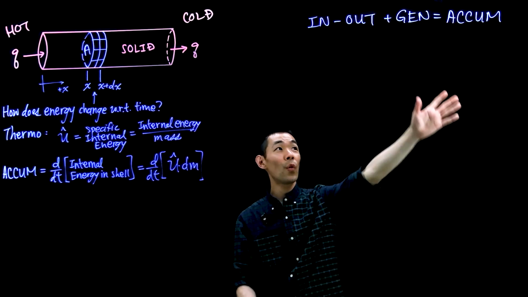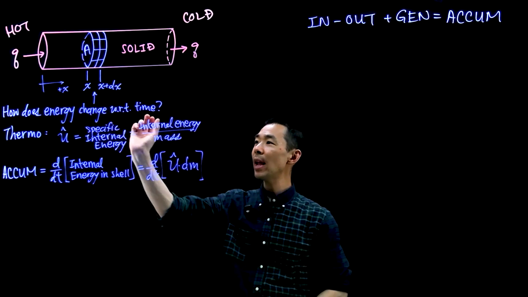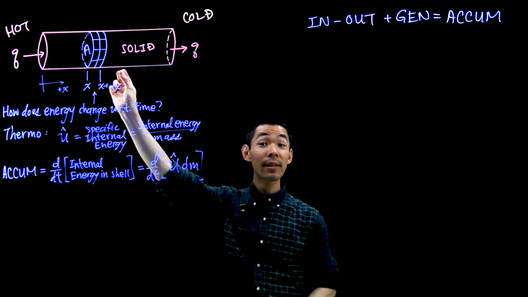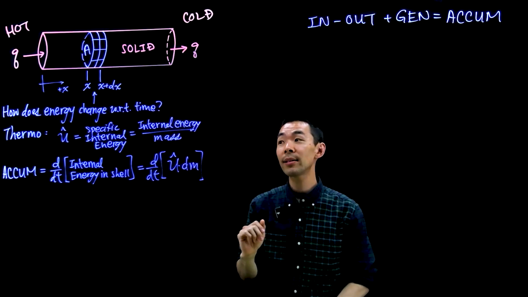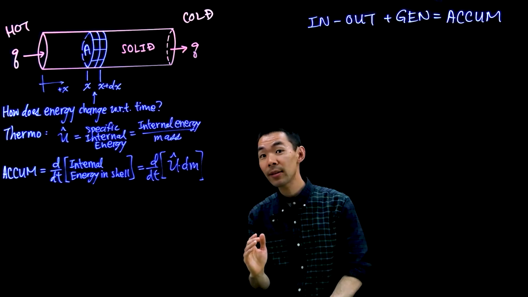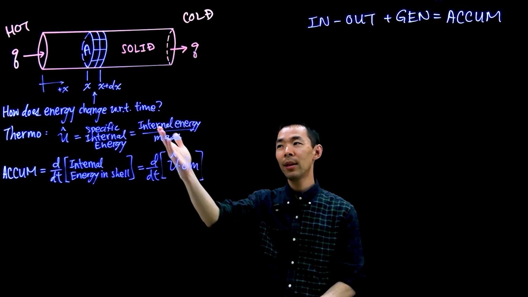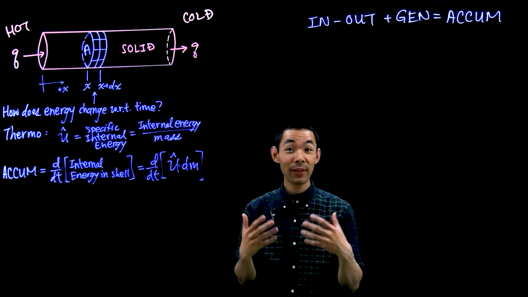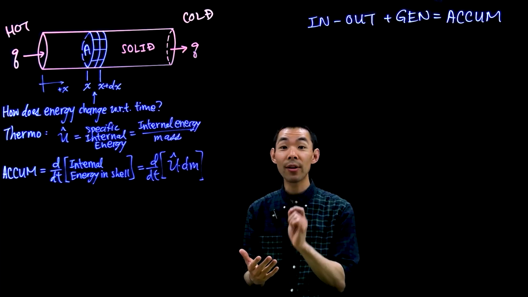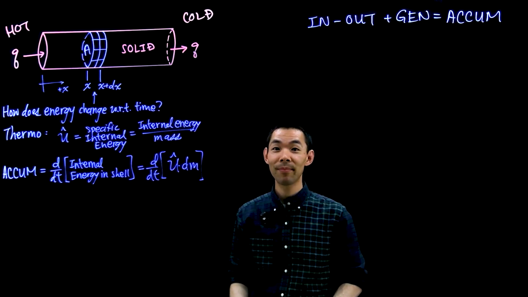Okay, so for this accumulation term, we want to first think about how does the energy inside this thin shell of volume A times dx change with respect to time? How much energy accumulates inside that volume as a function of time? So now from thermodynamics, we have this concept of the specific internal energy, U with a caret on top.